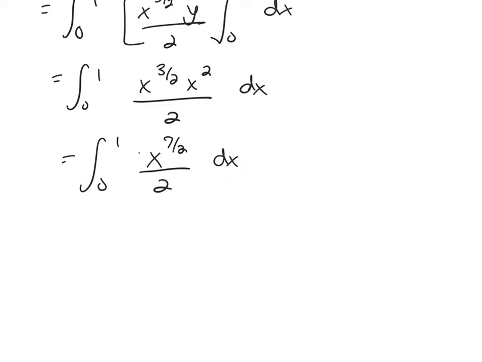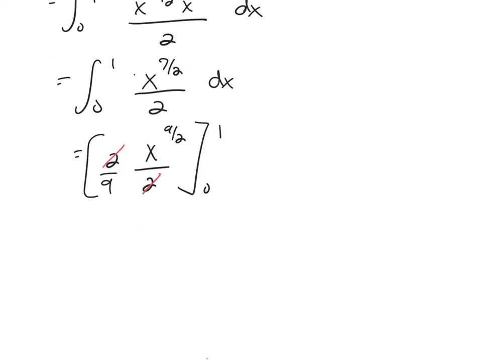So do your reverse power rule, add 1 to the power, so it'll be x to the 9/2. Divide by 9/2, which is the same thing as multiplying by 2/9. These 2's will cancel, and then you're left with 1/9 being your final answer.